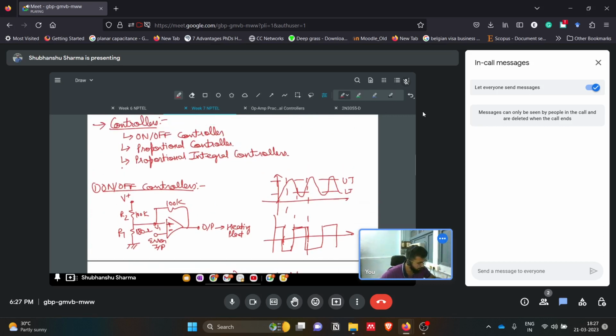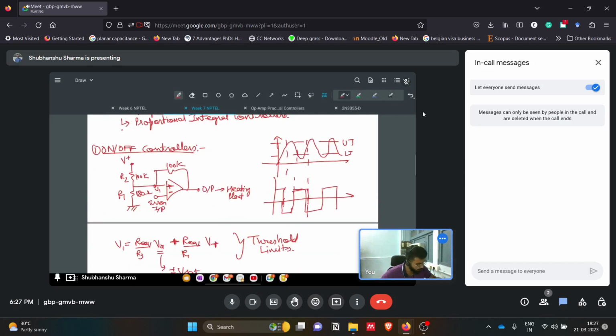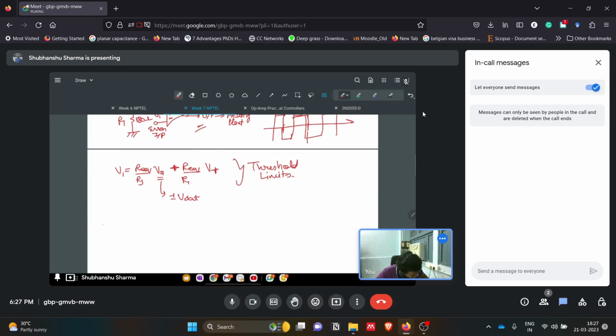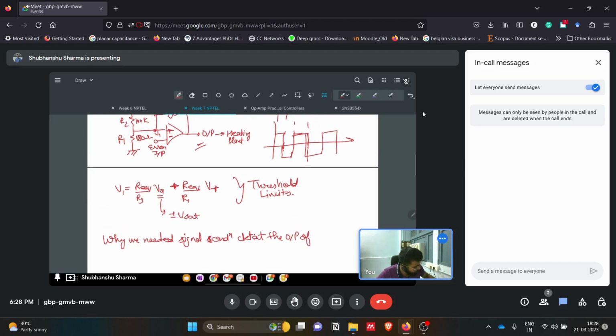Then after getting the output from this on-off controller, we use one signal conditioning circuit. As we know, we needed a signal conditioning circuit at the output of the on-off controller.